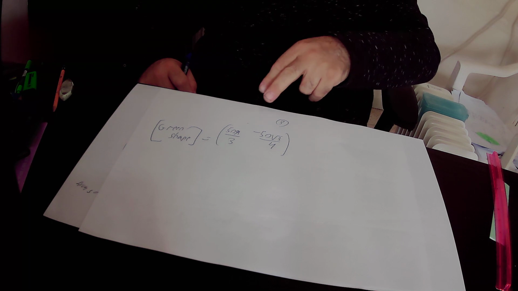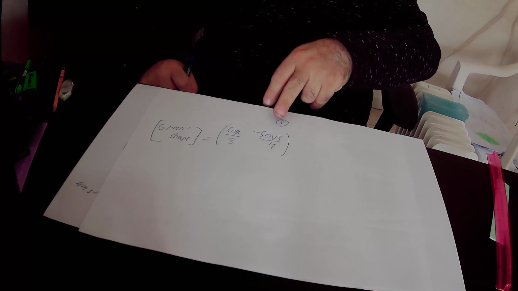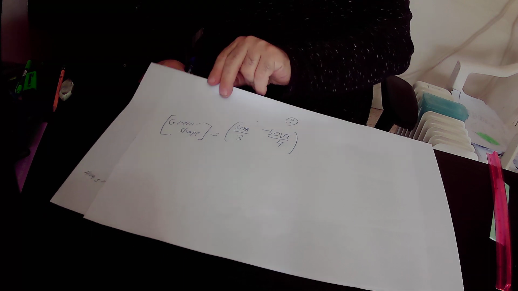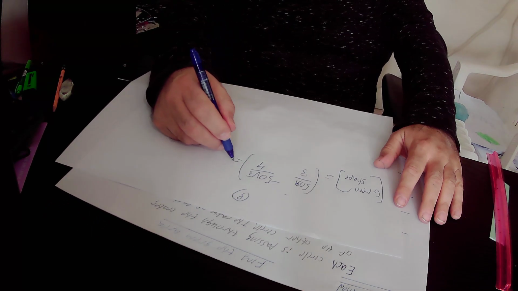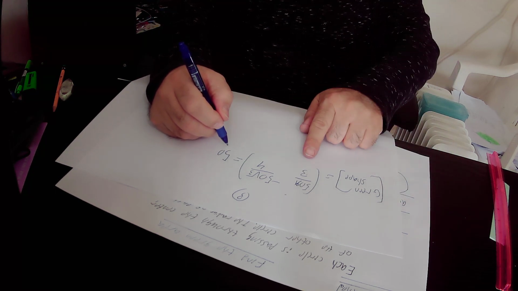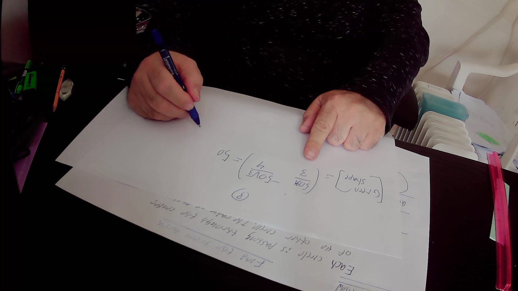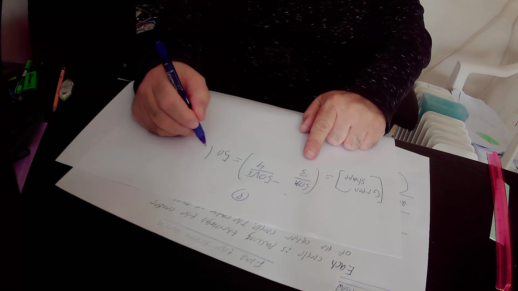Here we take 50 out of these two expressions as a common factor. What is left from 50 pi over 3 is pi over 3.